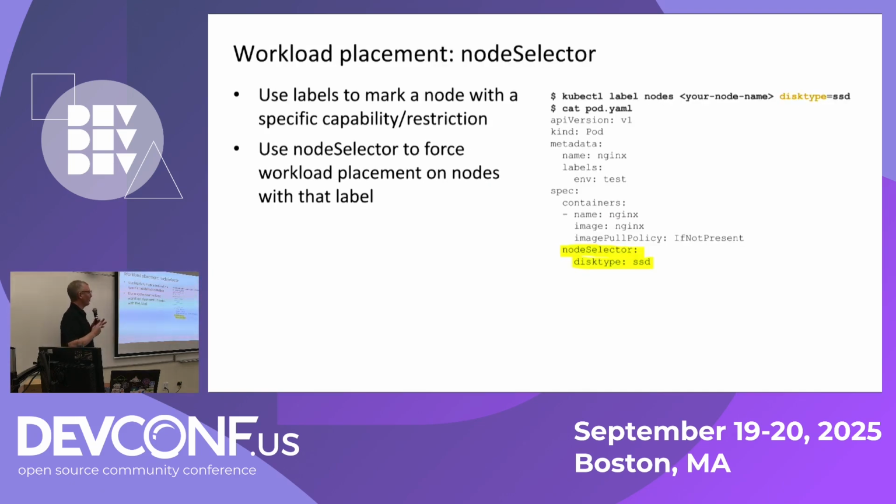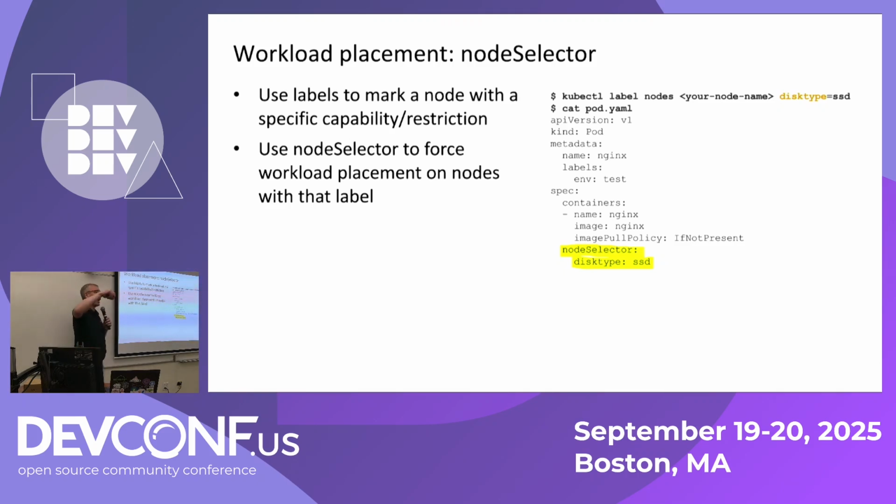Why is this important? It's important because when you're deploying to ARM64, you're going to use workload placement rules to deploy your new containers to ARM64 nodes. So we use labels to mark a node with a specific capacity or restriction in node selector. And I'm actually going to recommend you not use node selector. I'm going to recommend that you use something else in a second.